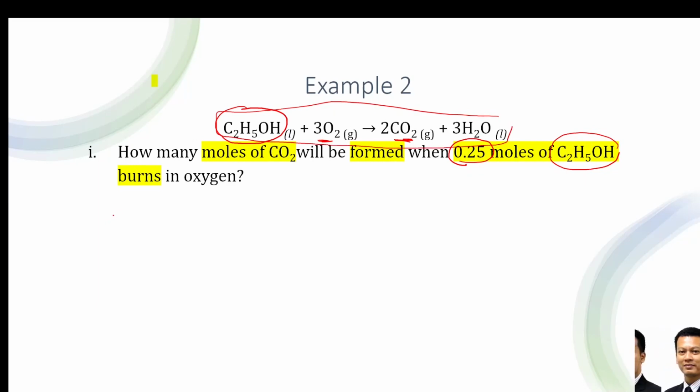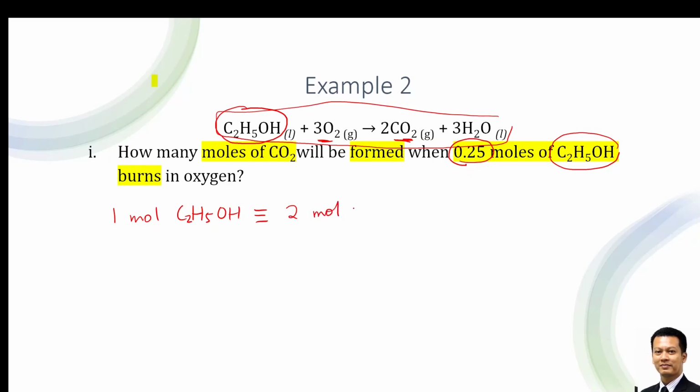So we can write down 1 mole of C2H5OH will produce 2 mole of CO2. If you have 0.25 mole of C2H5OH, the process is the same.